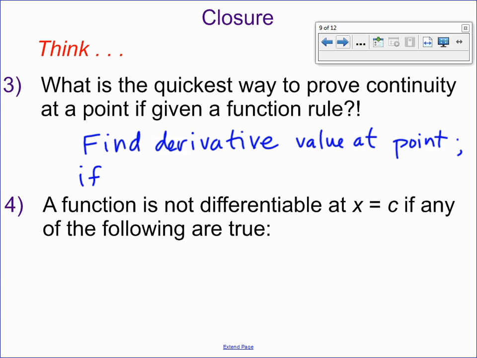I'll say if the derivative exists, then f must be continuous.